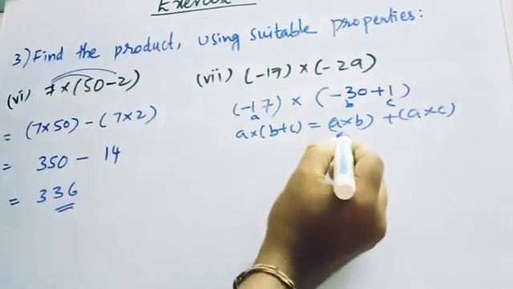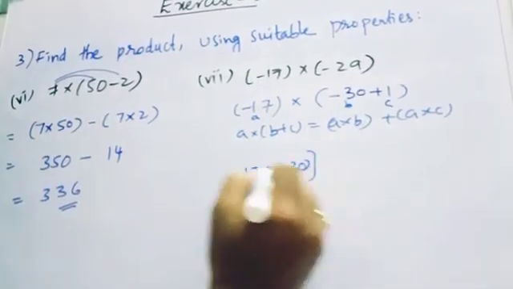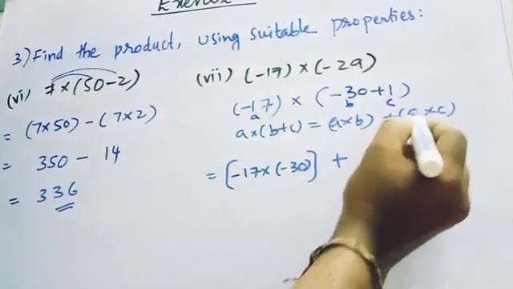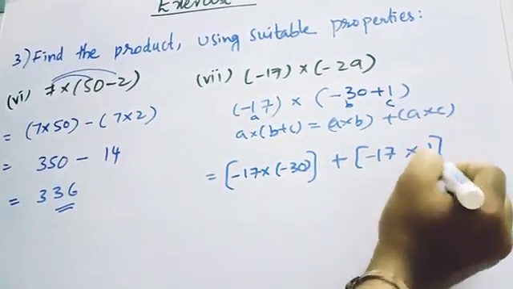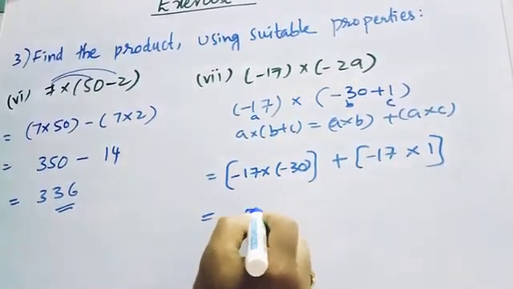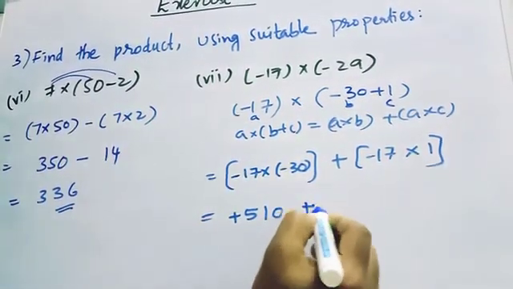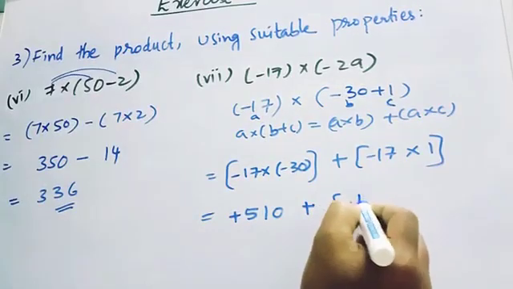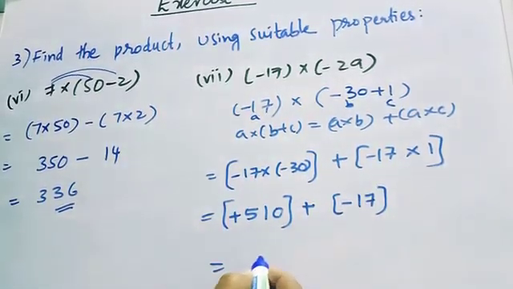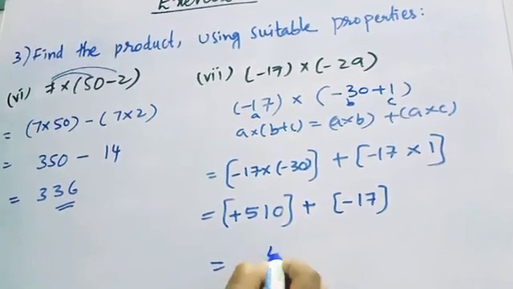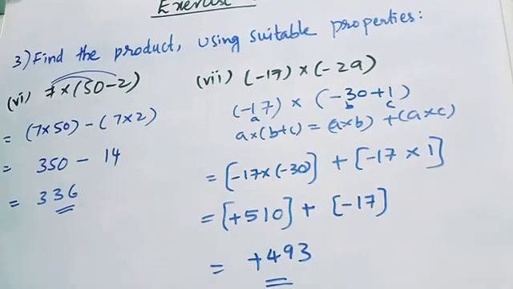So you will get a into b, that is minus 17 into minus 30, plus a into c, with a value minus 17 and c value 1. So 17 3s is 51, and that means 510, positive. Then plus 17 into minus 1, that is minus 17. If I'm subtracting a positive and a negative, do the subtraction and keep the bigger number's sign. So that is 493. So positive 493 is the answer.